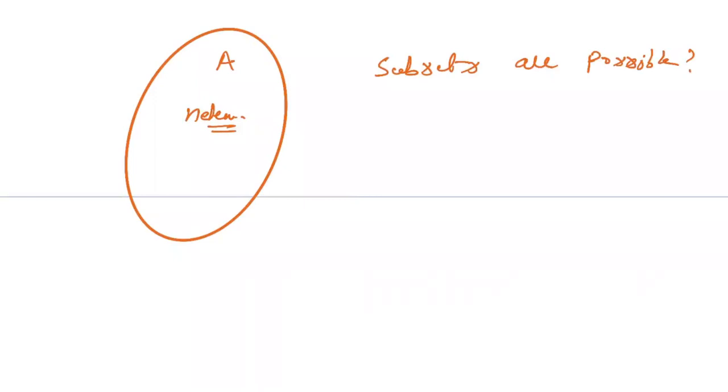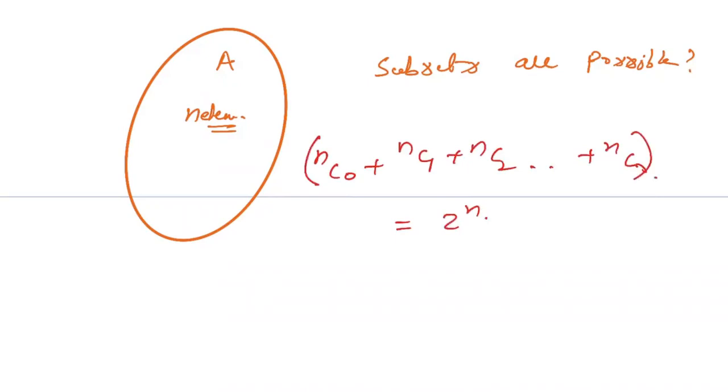What is the nature of subsets? First is the null set, meaning you are selecting 0, then 1, 2, up to n. So this will be 2 to the power n, the total number of subsets in this case.